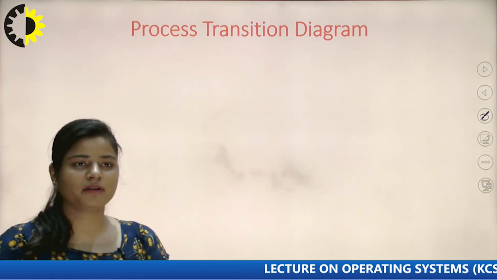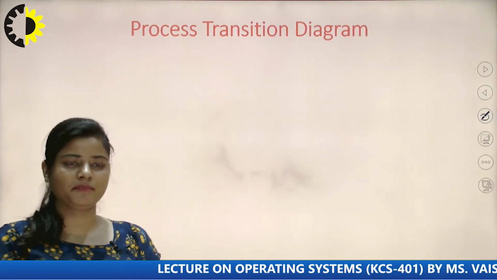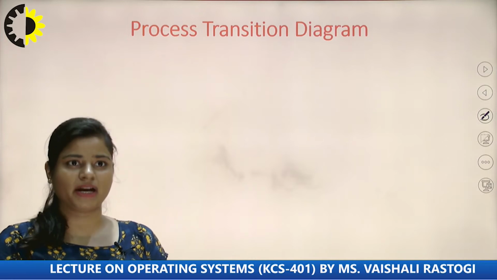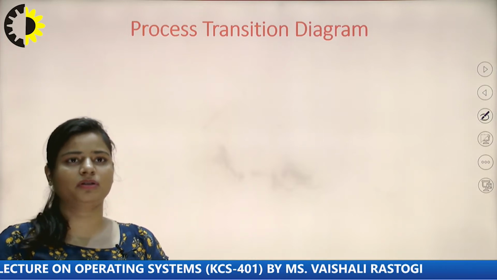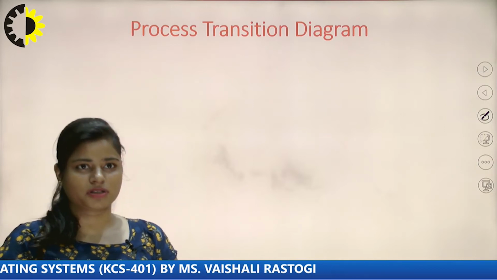So now we are moving towards the process transition diagram. So let's create the diagram first, and while creating the diagram, we will learn about all the states and how they are working in terms of process transition.